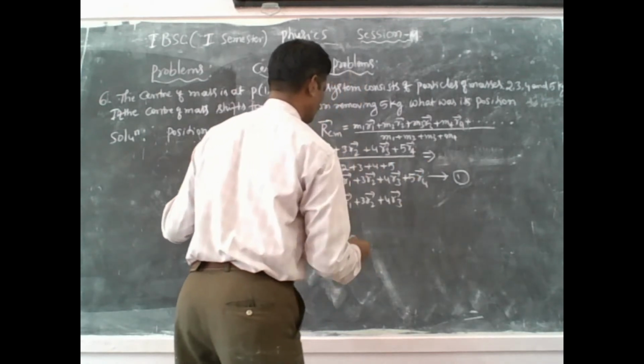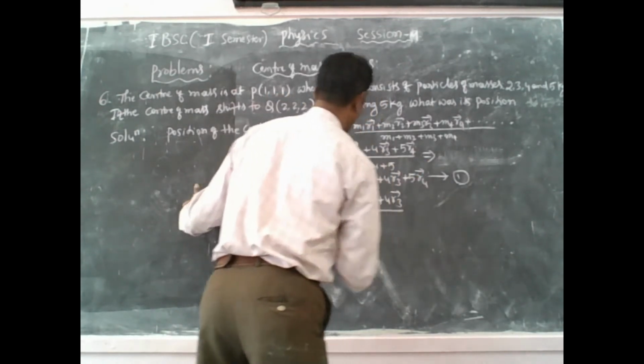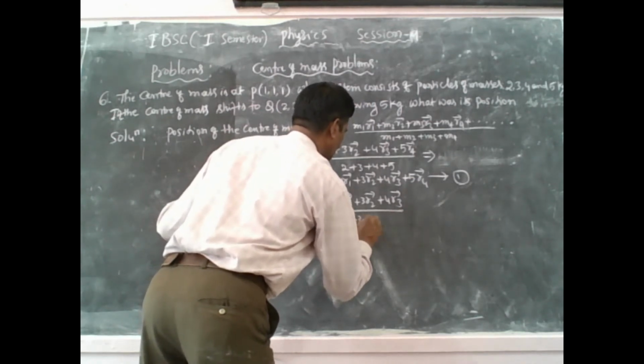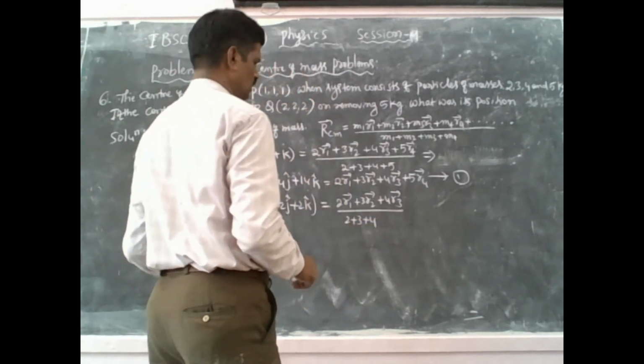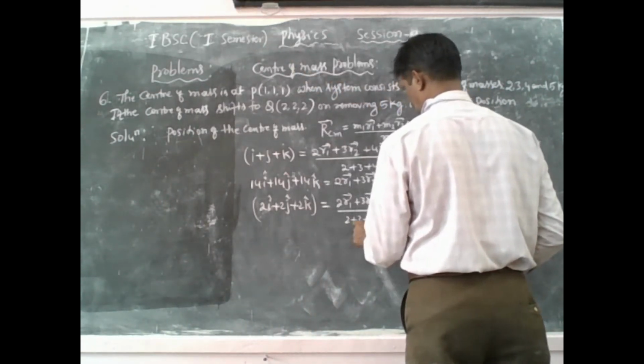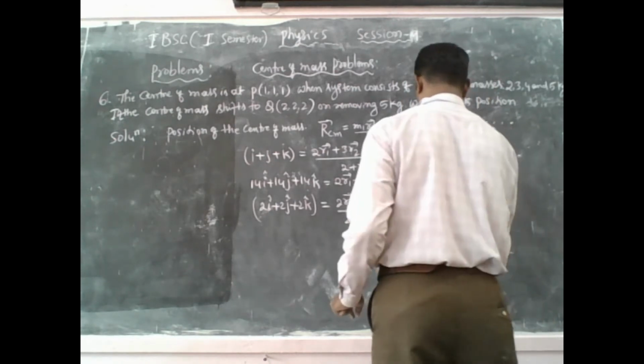So what is the total mass here? 2 plus 3 plus 4 equals 9, isn't it?